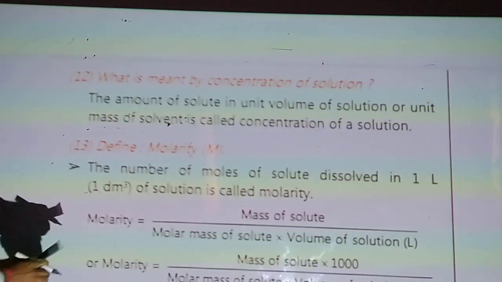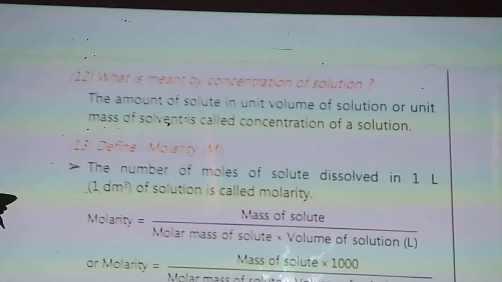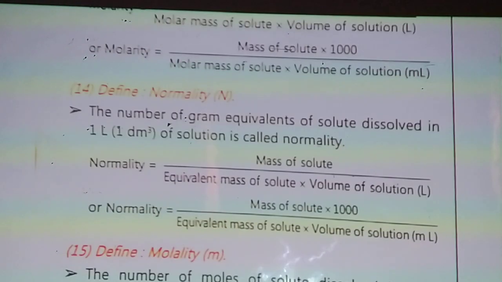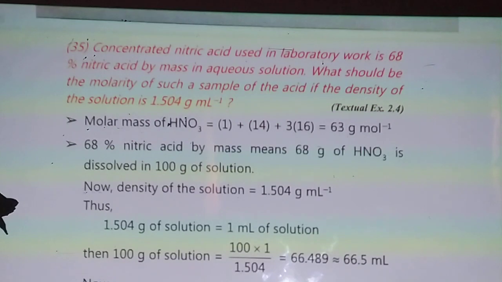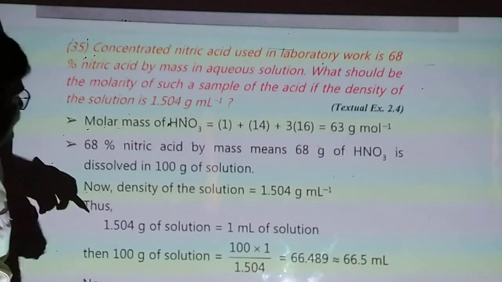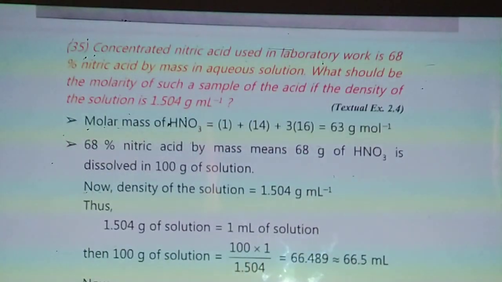What is meant by concentration of solution? Amount of solute in unit volume of solution or unit mass of solvent, called by different names. We have already seen this. Exercise 2.4. Concentrated nitric acid used in laboratory work is 68% by mass in aqueous solution.